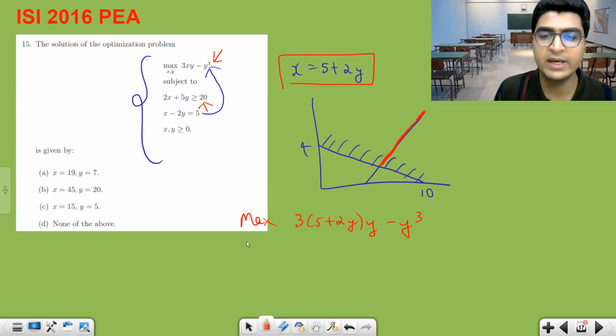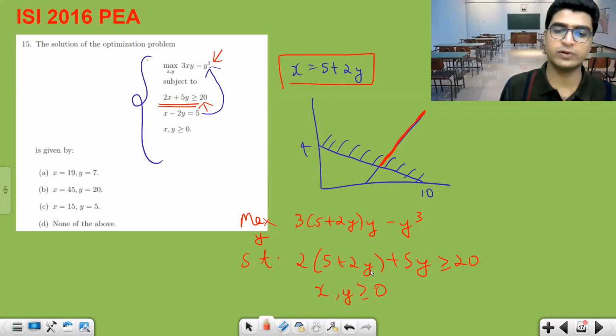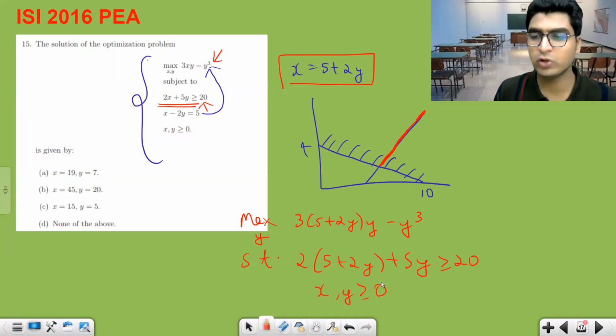Now this has become a single variable problem, subject to the constraint that 2 times (5 plus 2y) plus 5y should be more than or equal to 20, and the usual constraint that x and y should both be more than or equal to 0. So we have to solve this.